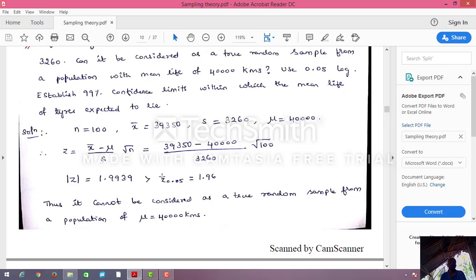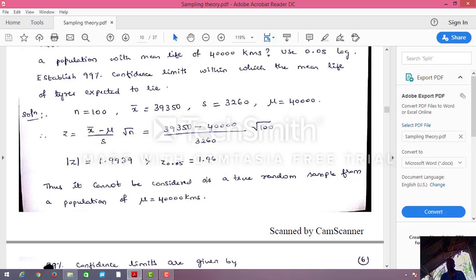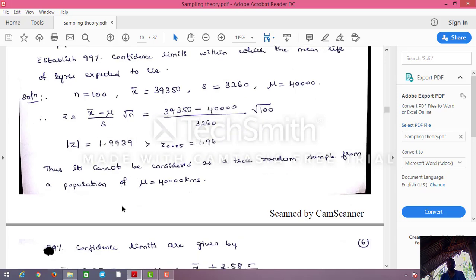The 5% level of significance value is 1.96. So this 1.9939 is greater than the 5% significance level, so the test is rejected. Thus it cannot be considered as a true random sample from the population of mu equal to 40,000 kilometers.